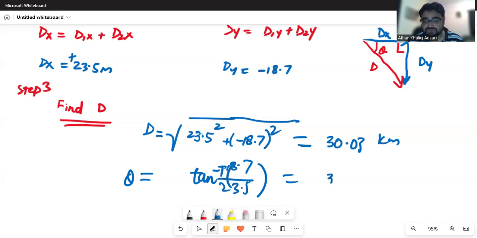This is 39 degrees, and negative shows it is downwards, or below the x-axis, so you can write below x-axis. And in the answer you can just simplify it to 30 kilometer. So it is the resultant.